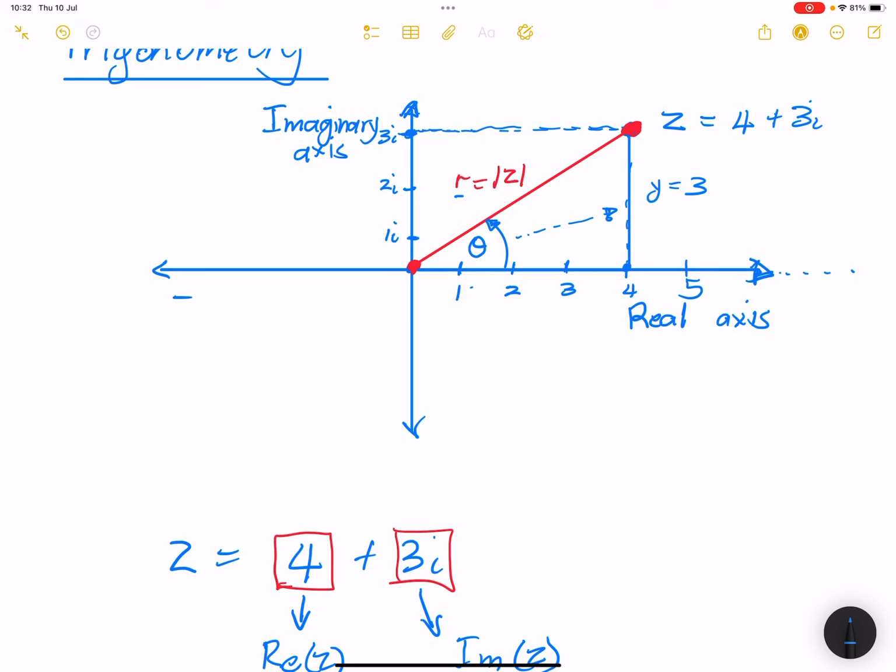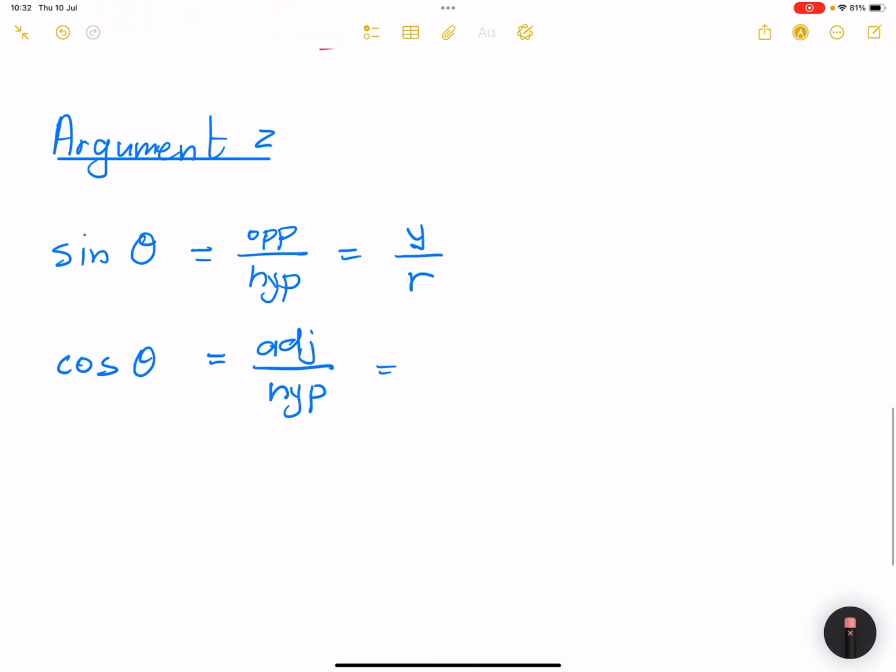So meaning that this is 4 units, right? So when you go that way, that's 4 units long. So that's going to be x over r. By the way, we know in this case our y value was 3. So that's 3 over 5, whereas x, that's 4 over 5.